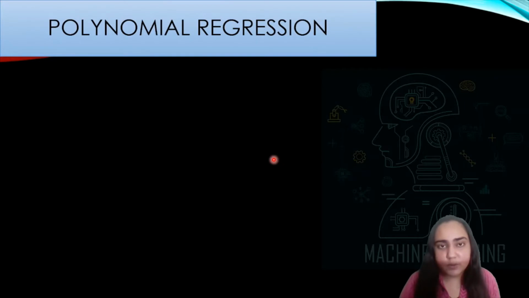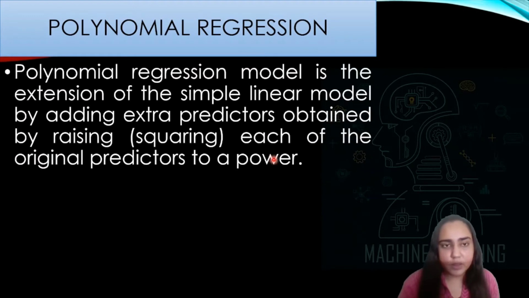Let's now talk about the polynomial regression. So polynomial regression is the extension of the simple linear model where you add extra predictors obtained by raising each of the original predictors to a power, which means you're actually squaring it.